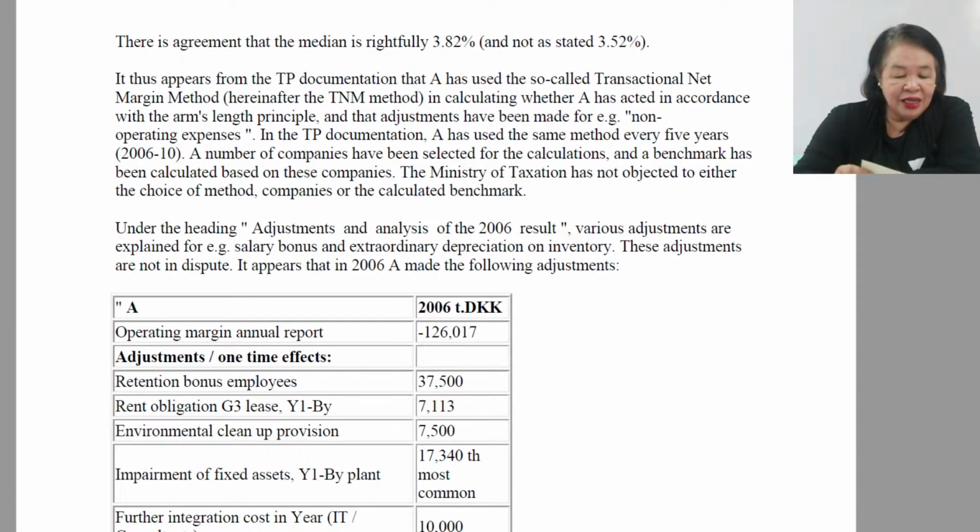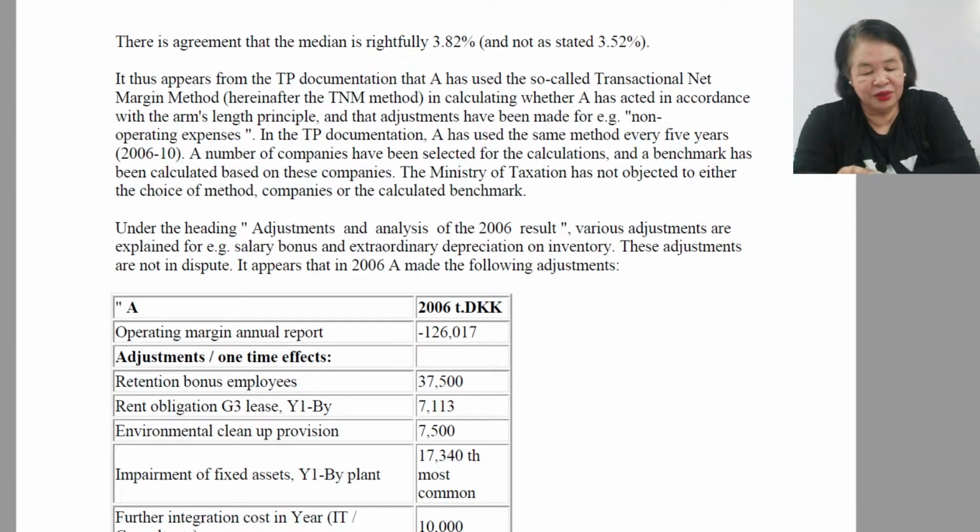So under the heading adjustment and analysis of the 2006 result, various adjustments are explained for salary, bonus, extraordinary depreciation on inventory. These adjustments are not in dispute, no? Hindi rin nagreklamo ang tax authority. It appears that in 2006, A made the following adjustments.